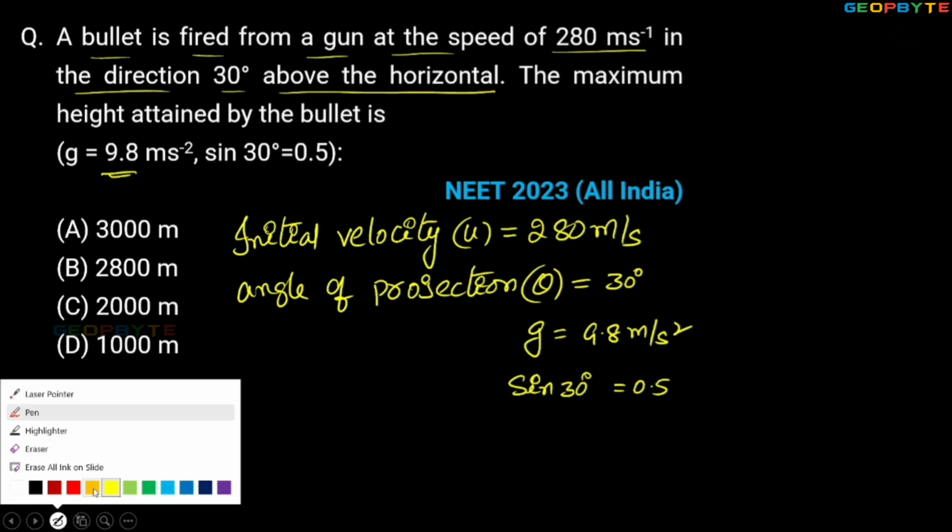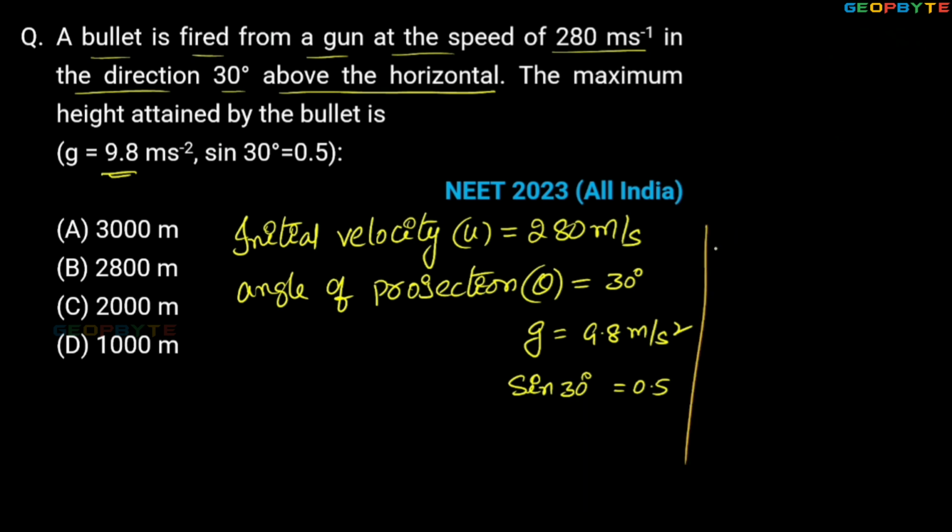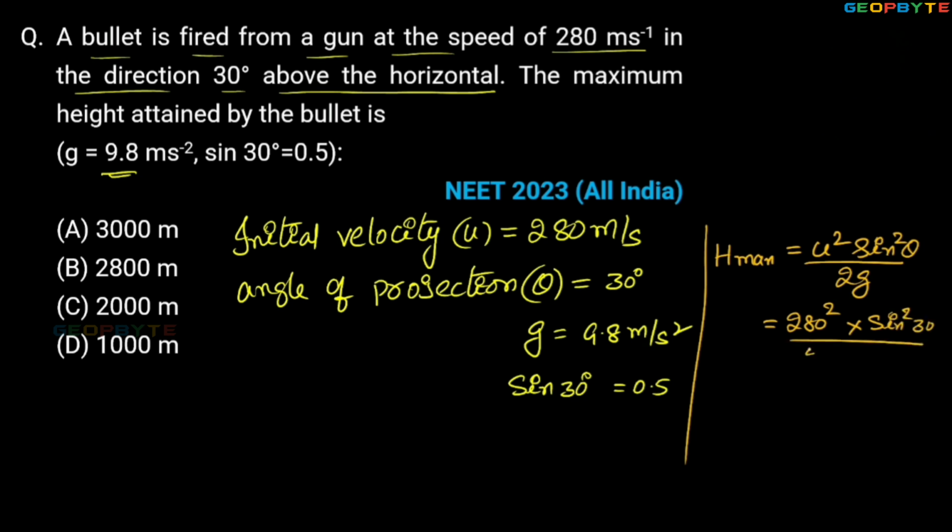You know, maximum height attained by the bullet, h max formula is u square sin square theta by 2g. This is the formula. U equal to 280, so 280 square into sin square 30 divided by 2 into 9.8.